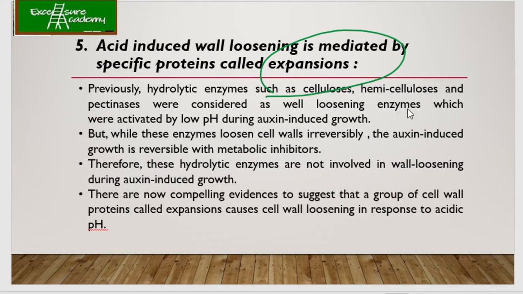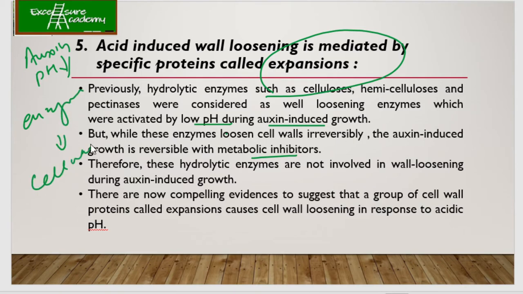They get activated in the presence of the lower pH, and this low pH is because of the auxin. These enzymes loosen the cell wall. The auxin-induced growth is reversible with metabolic inhibitors. So what will happen? Since auxin was present, pH was decreased, enzymes got activated, and that resulted in the cell wall loosening. Now when the cell wall got loosened, it got extended.